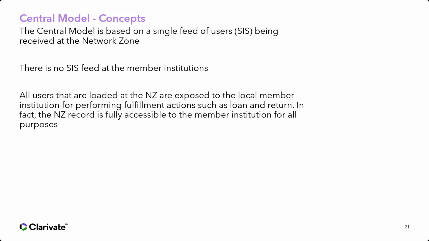However, based on that feed, all of the institutions can access and make use of these user accounts. So it is as if virtually you did one SIS feed to the network zone, but virtually, actually, you uploaded the user information to all of the institutions. The accounts were not created at the other institutions, but the central accounts are usable by the other institutions. So it is as if you virtually loaded these accounts to the other institutions.